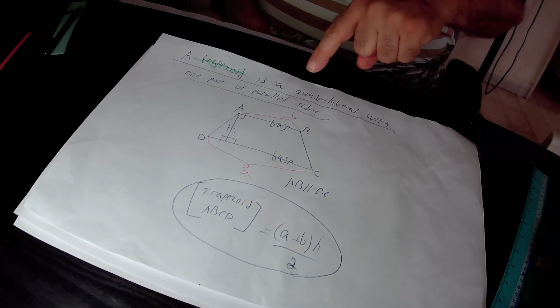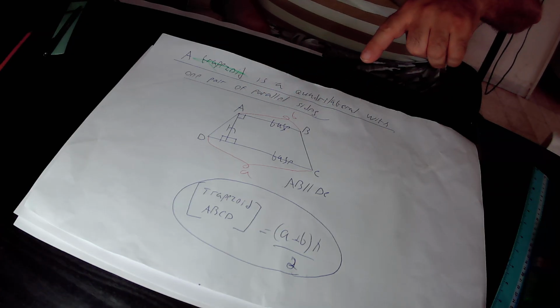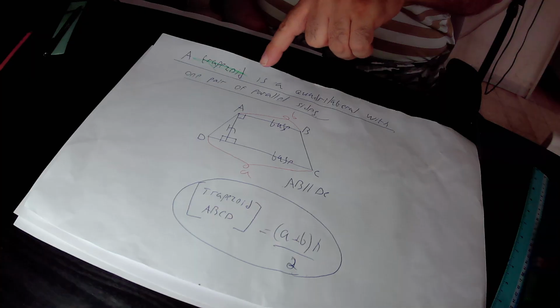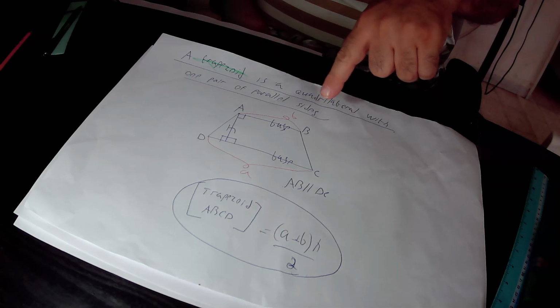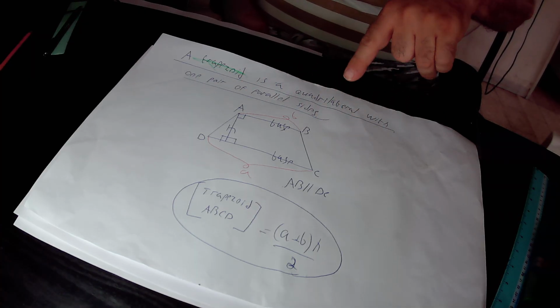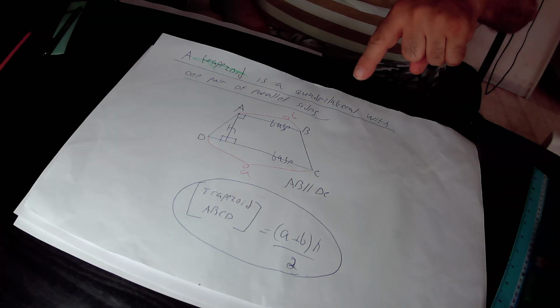In this trapezoid ABCD, the two parallel sides, that is to say AB and DC, are defined as the bases of this trapezoid.